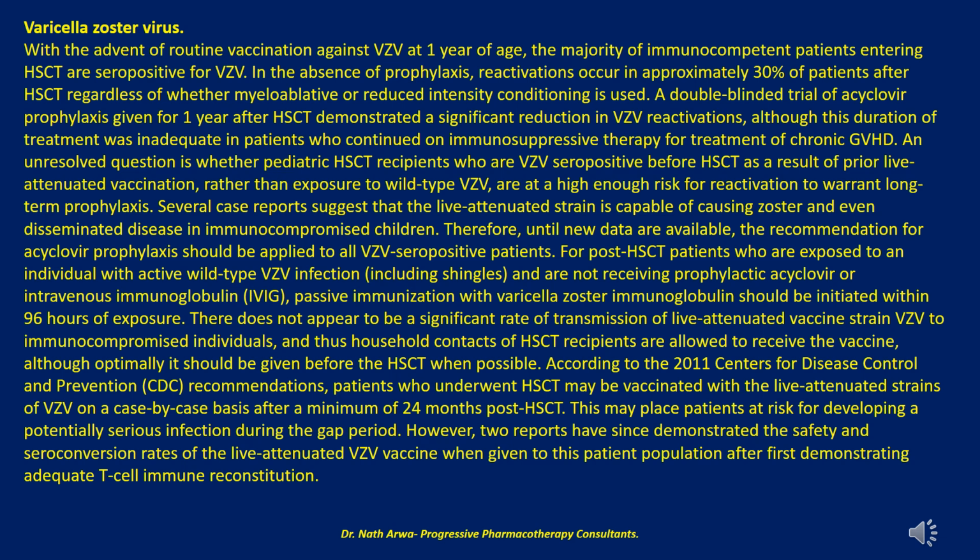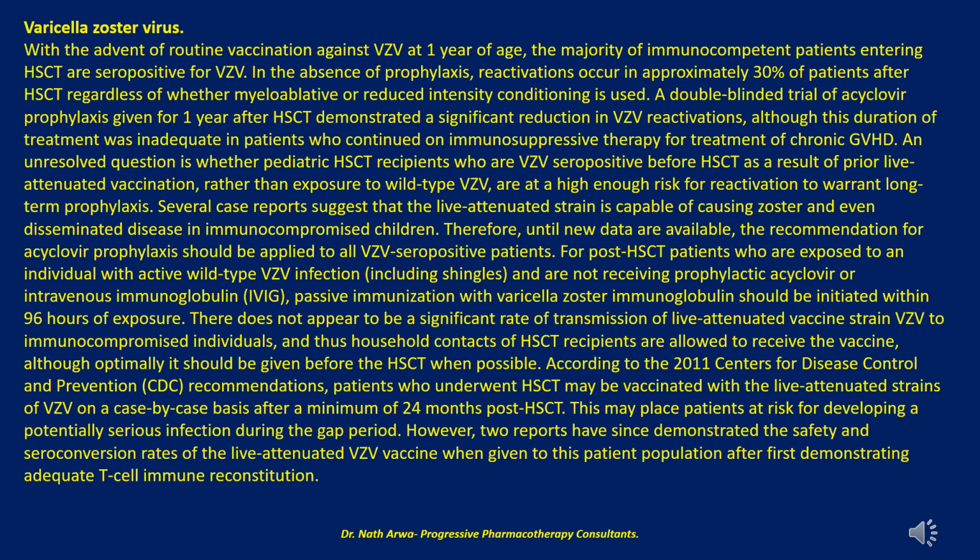Several case reports suggest that the live attenuated strain is capable of causing zoster and even disseminated disease in immunocompromised children. Therefore, until new data are available, the recommendation for acyclovir prophylaxis should be applied to all varicella zoster virus seropositive patients.